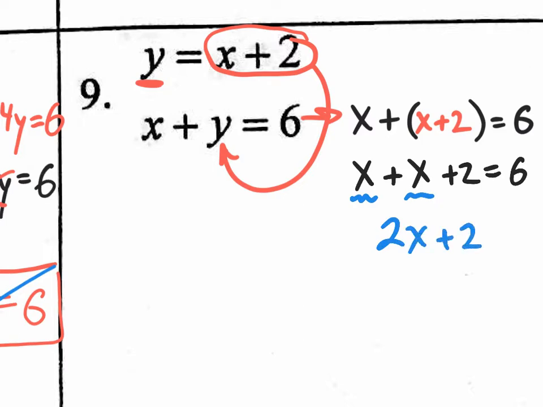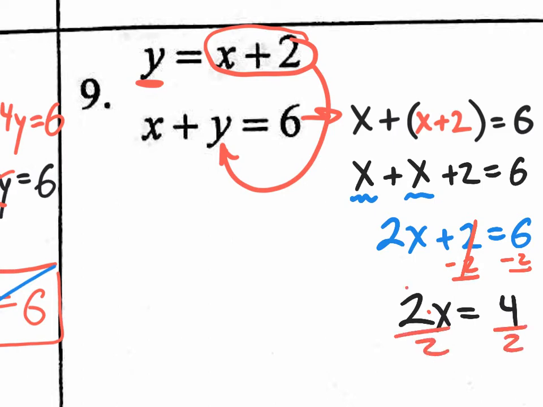Bring down the plus 2, bring down the equal 6. Now from here I'm going to subtract 2, I'm going to have 2x equals 4. And to get rid of the multiplication of 2, I'm going to divide by 2, cancels out, x equals 2.